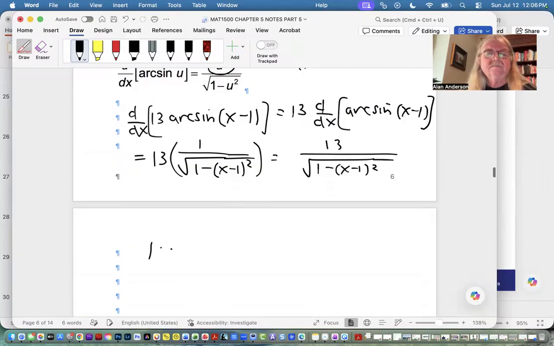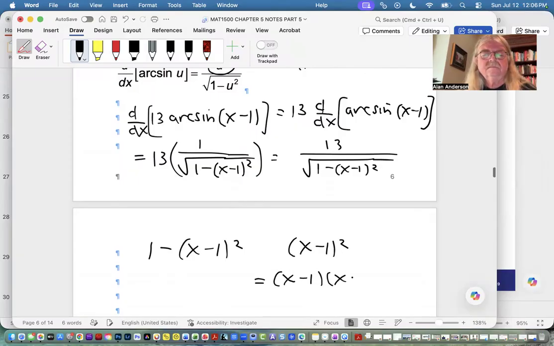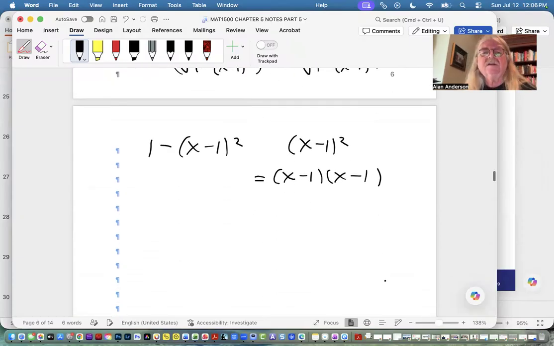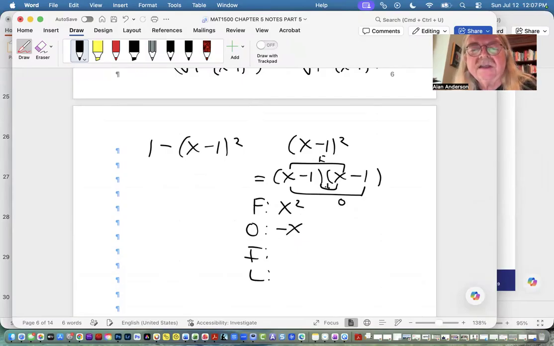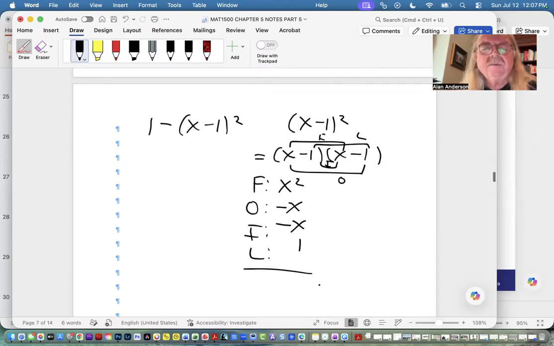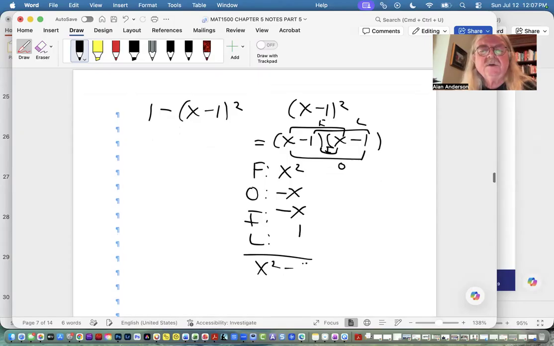Okay. So you could apply FOIL here. F is x squared. O is negative x. I is negative x. And last would be 1. So that would be x squared minus 2x plus 1.